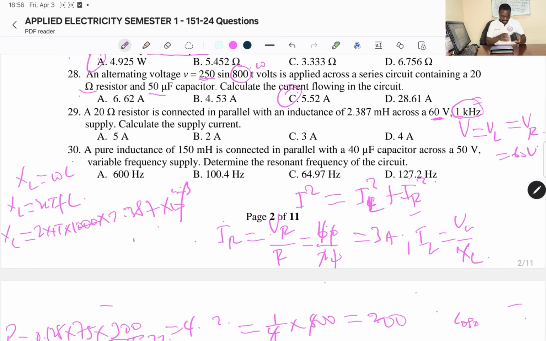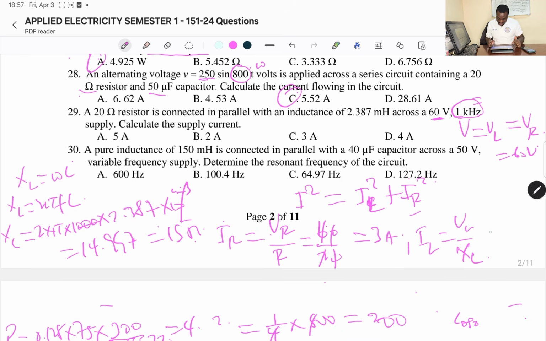So it's like we are just having 2 pi times 2.387, right? And that will give us 14.997. And that's just 15, right? We make it 15 ohms. So we have 15 ohms.